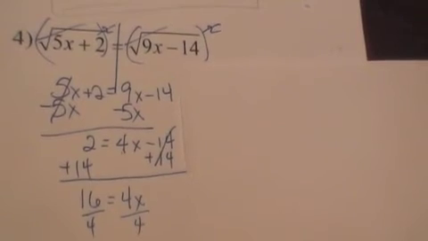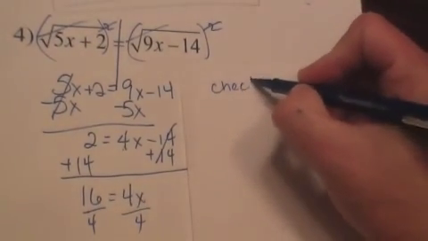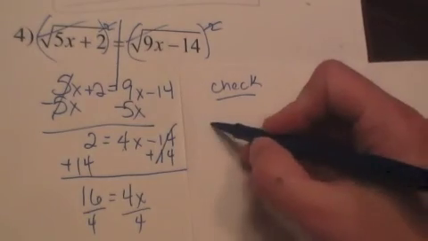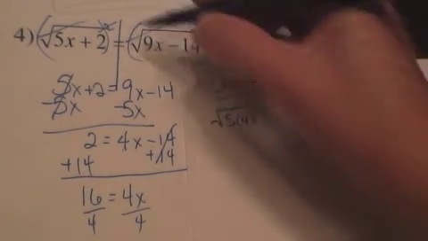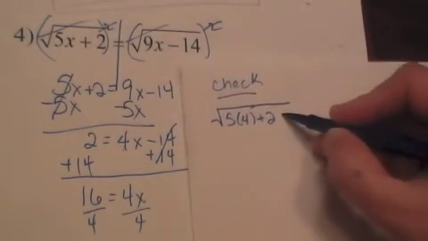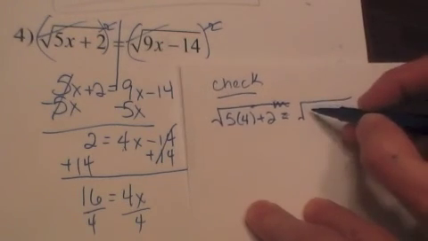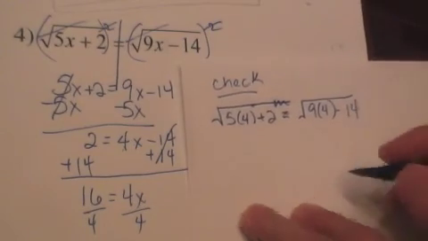Okay, finally we have to check this solution. And we simply plug 4 in for x. So it's 5 times 4 into the original, plus 2 equals the square root of 9 times 4 minus 14.